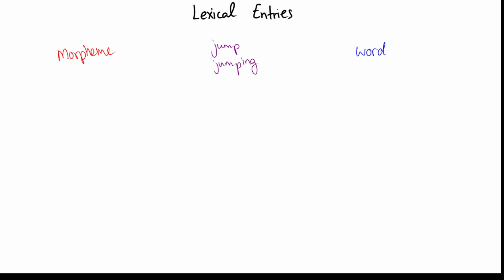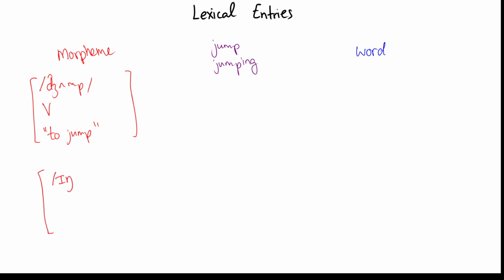In the morpheme-based model, morphemes exist. So what we can do is we can say, okay, we have the pronunciation, we have jump, we have this phonetic component. It is a verb, and the meaning is essentially to jump. Okay, but we can also give an entry to the morpheme ing.